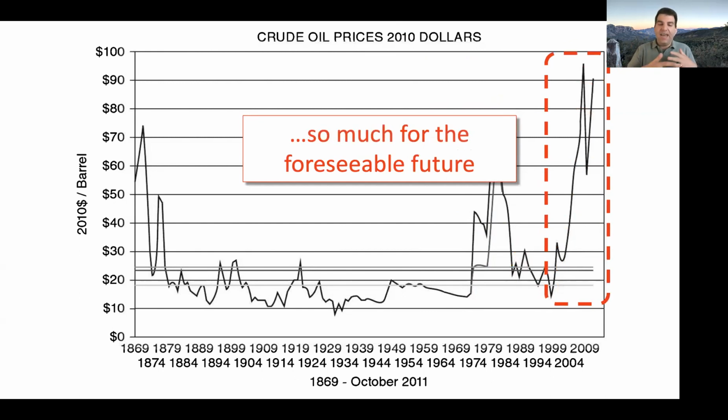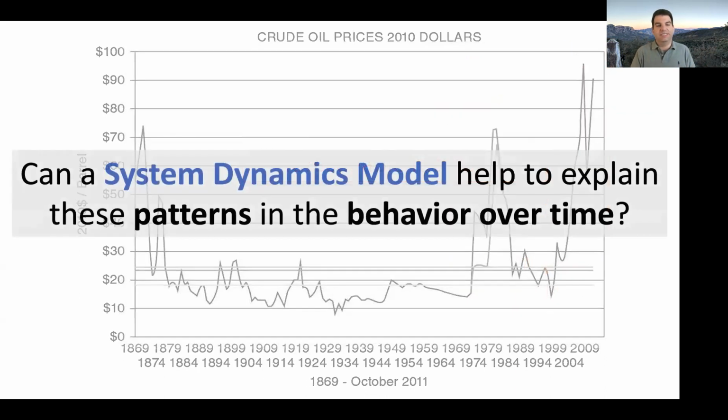So that whole history is what motivated Shell to say, rather than just relying on statistics alone, can we think about a more systemic explanation, a systemic hypothesis that might be able to produce patterns like the ones we've seen in history?